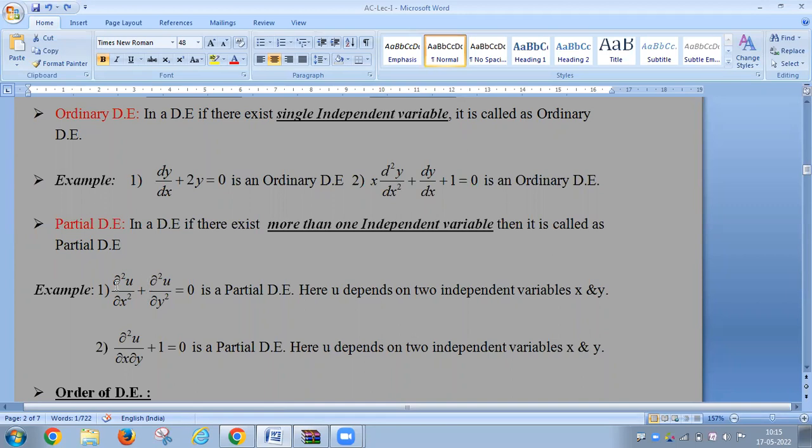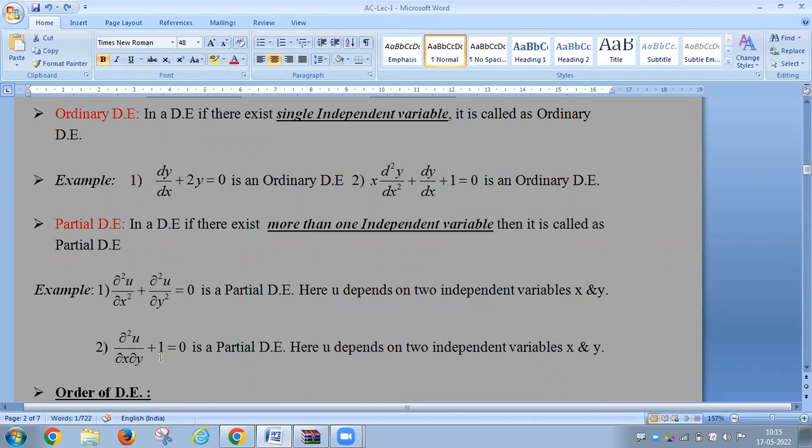So this equation involves partial derivatives, and this is called a partial differential equation. For example, the second one: dou square u by dou x dou y plus 1 equal to 0. Here also u is the dependent variable, x and y are the independent variables. So this is also a partial differential equation.